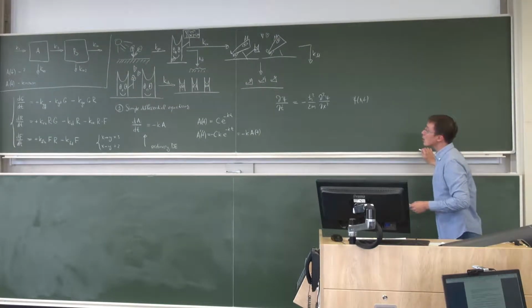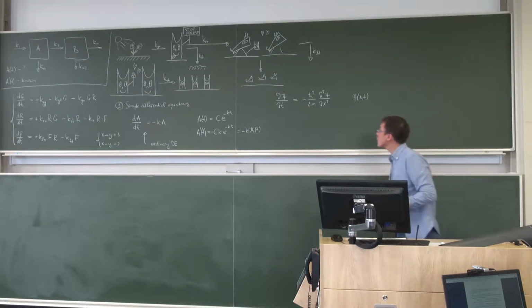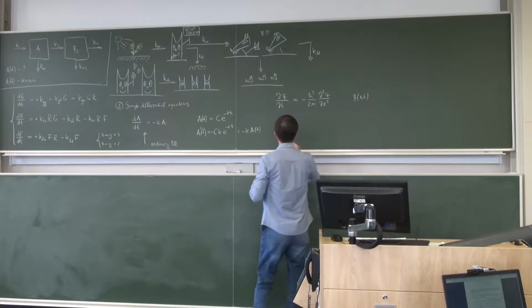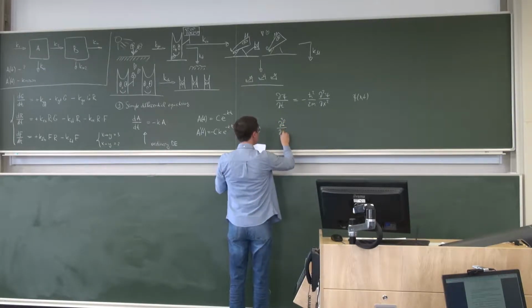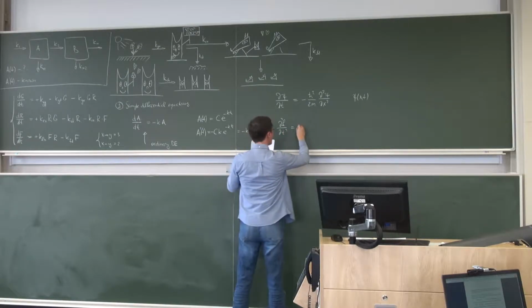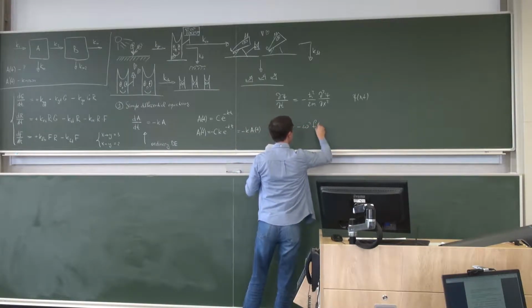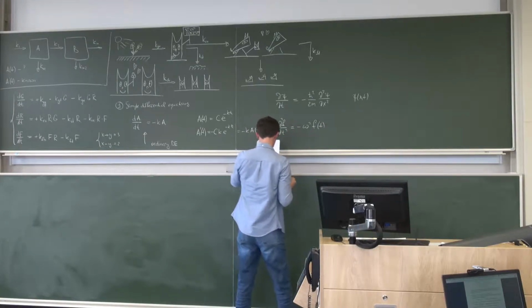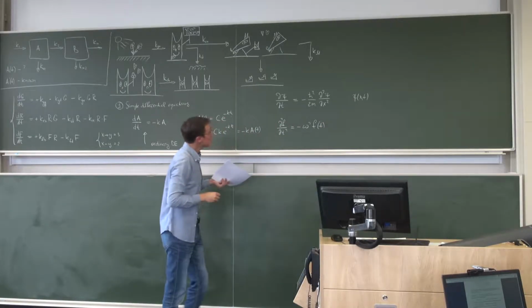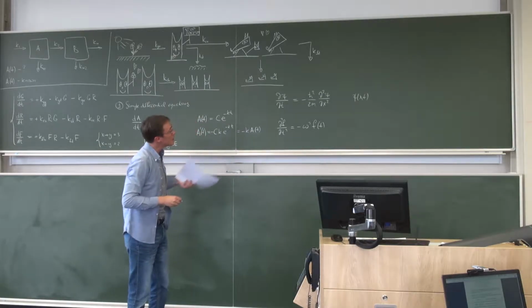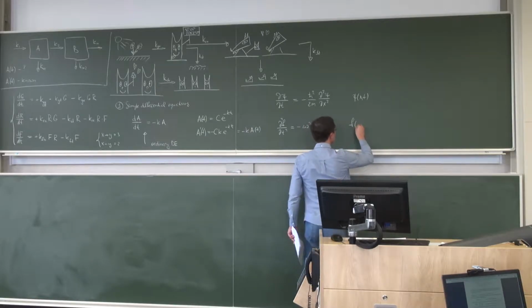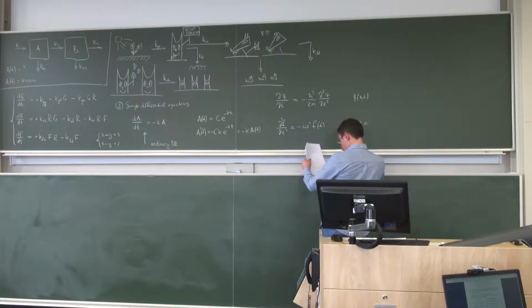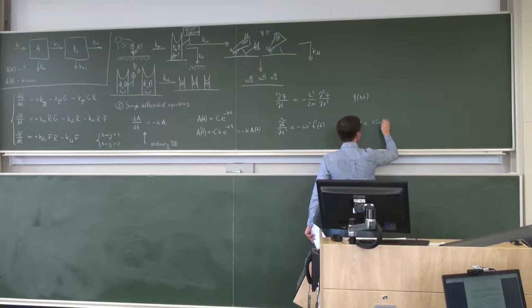But let me show you a more prosaic example, the equation that describes strings of musical instruments. So d²f/dt² is minus ω² f of t. That's an equation that is satisfied by quite a few oscillatory processes. We can posit, for example, that f of t would be what I choose here, sine ωt.